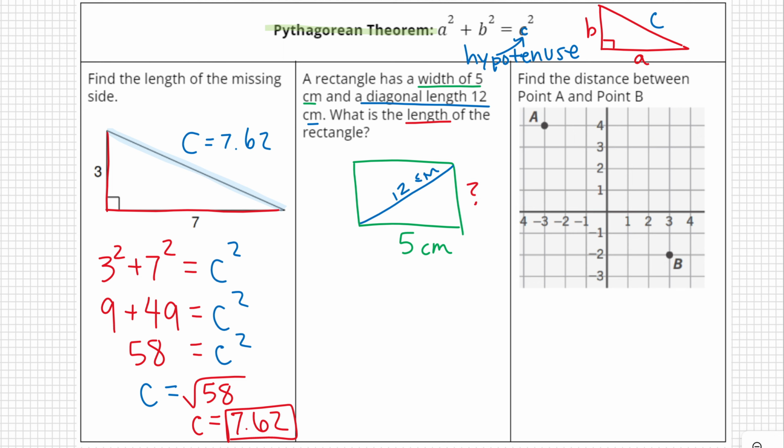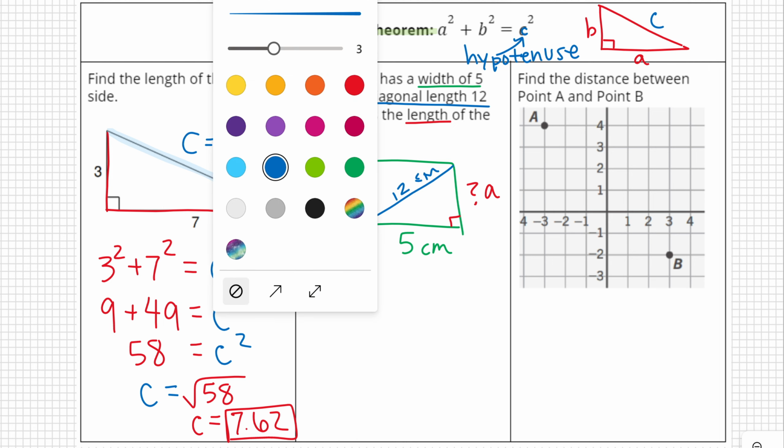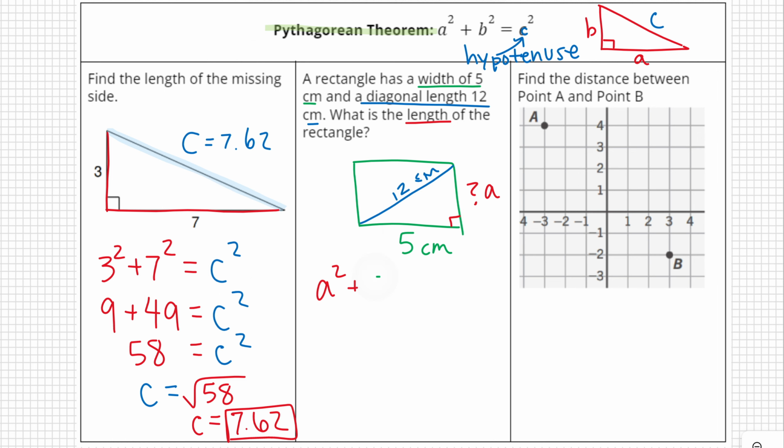Notice we can take 1/2 of this rectangle and it is a right triangle, which means we can use the Pythagorean theorem. So my missing length, I'm going to make that the A side. And so using the Pythagorean theorem, A squared plus 5 squared, the other leg squared, is equal to the hypotenuse squared.